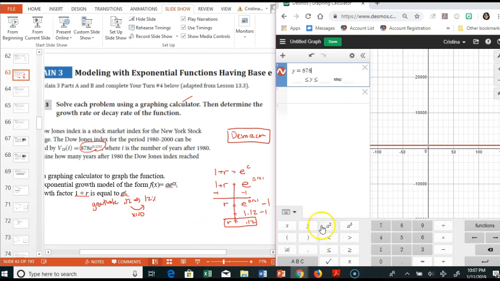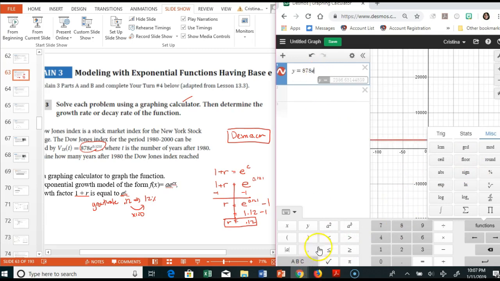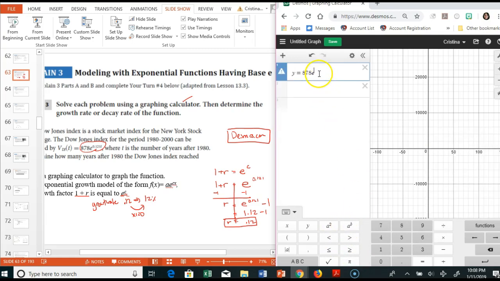Now you can see here, you're like, where is e? So I can use my keyboard to write that in, or I can use one of the many functions here to write that in. It's up to you, but I'm going to write e to the exponent. So I'm going to use my exponent key here to the 0.121, and instead of writing t, I'll write x, and you see, oh, there's my graph.